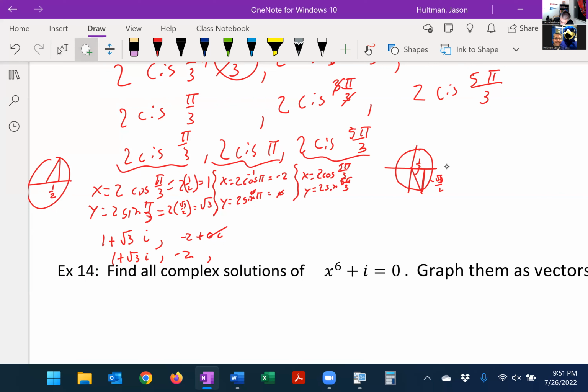I'm going to move this over a little bit so I can get in there. Right. Okay, and then this is going to be equal to, okay, the cosine of 5 pi over 3, that was still 1/2. So this is going to be 2 times 1/2, which is 1.